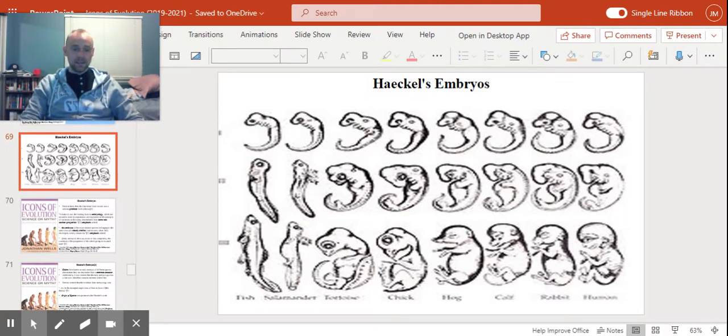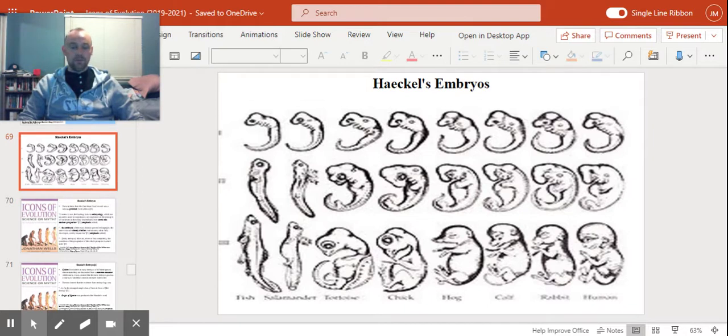And this embryo or embryology, an embryo is obviously a lower stage developmentally of a living creature. And Haeckel is the name of the person who formulated these images that we see on the screen.